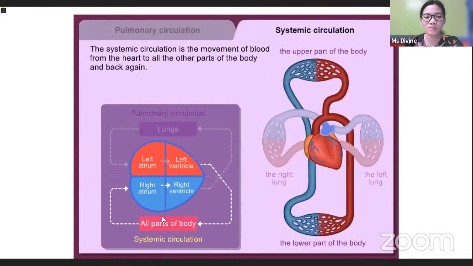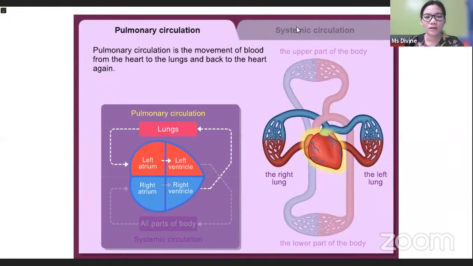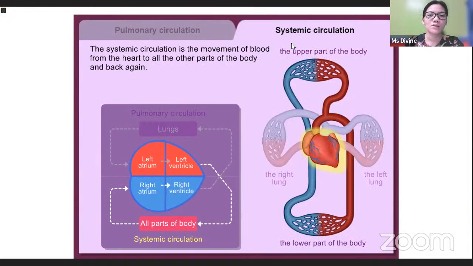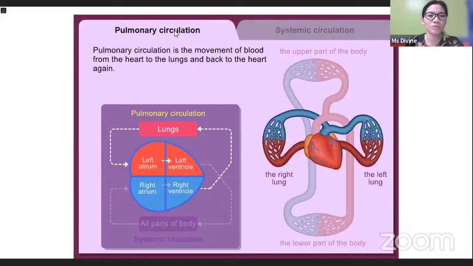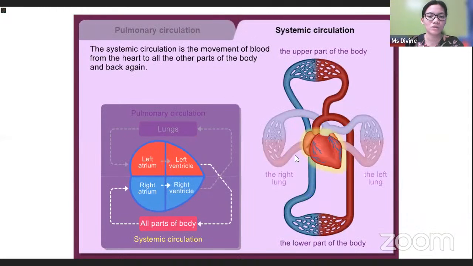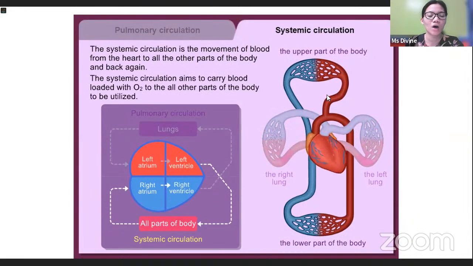Okay, how about systematic? So systematic circulation, class, as you can see, there is no blood flow coming from the lungs, unlike pulmonary circulation. Systematic circulation is connected to other parts of your organs, such as your brain, stomach, and other organs, the upper part and the lower part of the body.